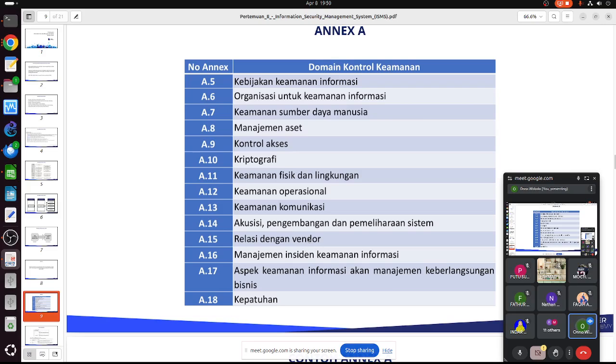Oh, this one is a dangerous one, because vendor relation is the third party. It's supply chain. So this is important, especially in business, because sometimes the attack comes through the vendor.